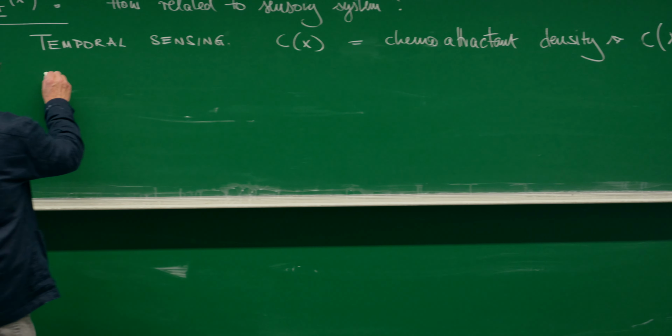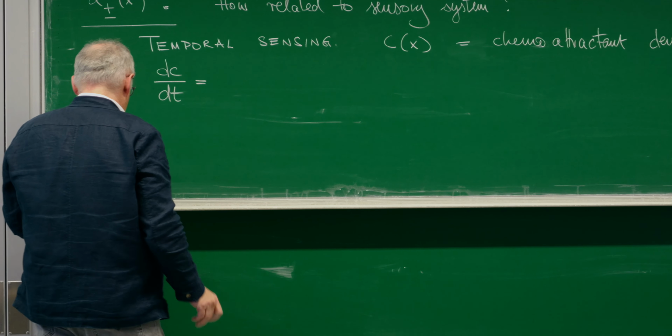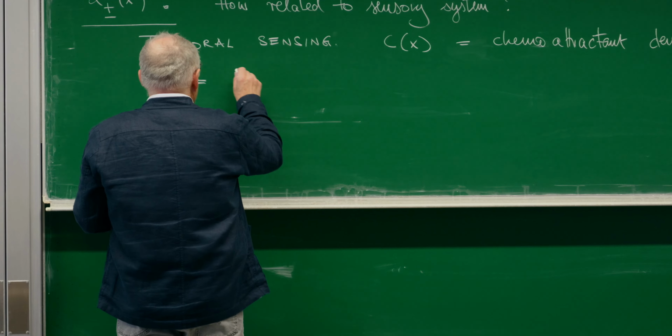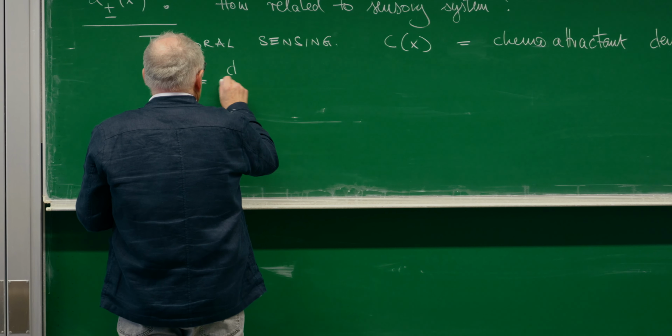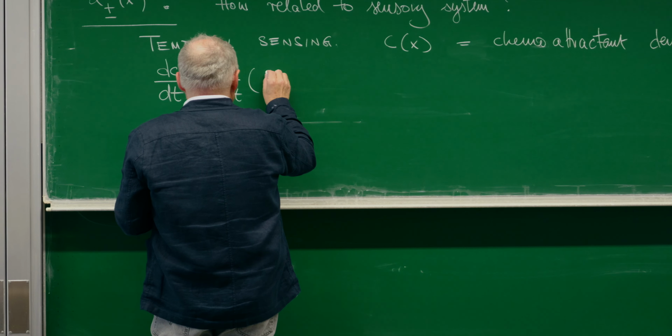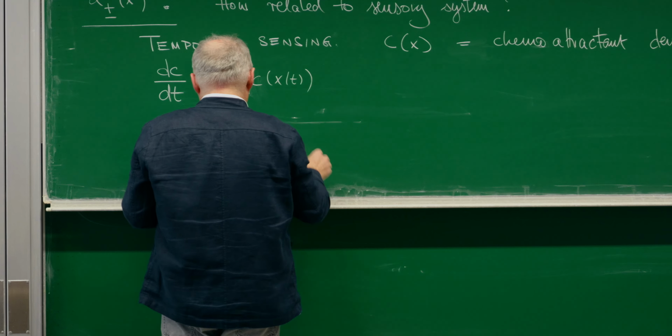All right, so now let's calculate what dc/dt is and just use the chain rule. dc/dt is d/dt of c of x of t then, right?